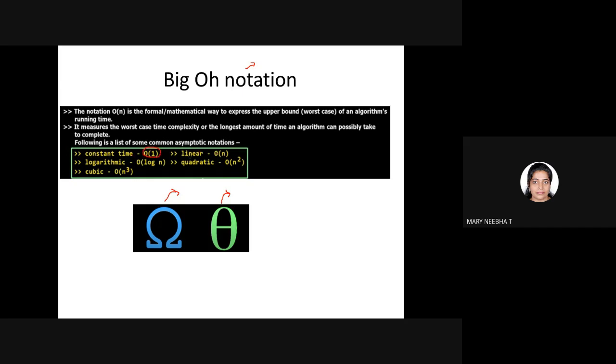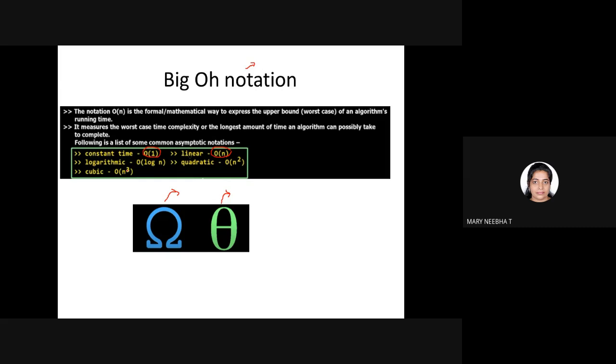If it is linear, that means if the input is increasing and the output, in terms of time, is also increasing, we take it as order of n. If it is logarithmic, we take order of log n. Quadratic gives order of n square. Cubic gives order of n cube.